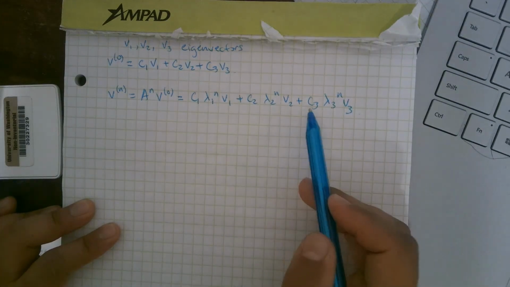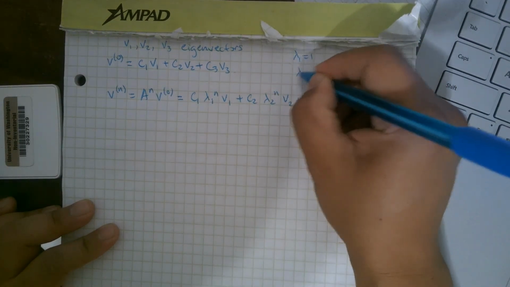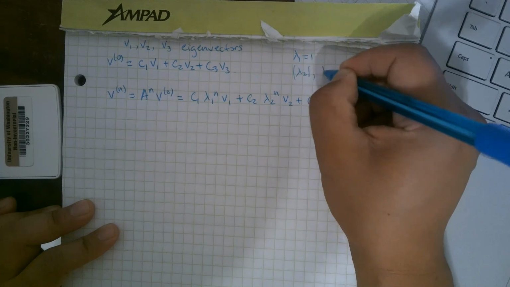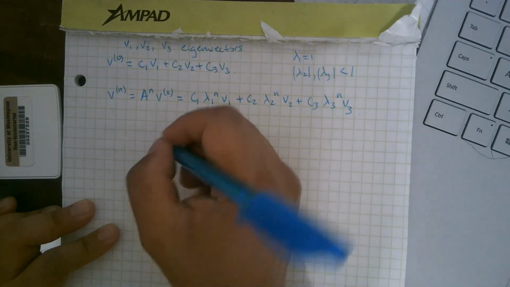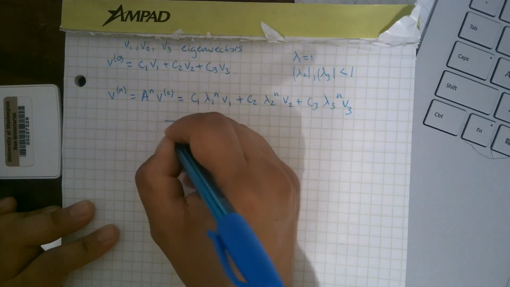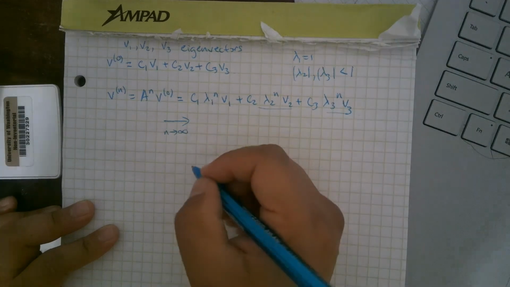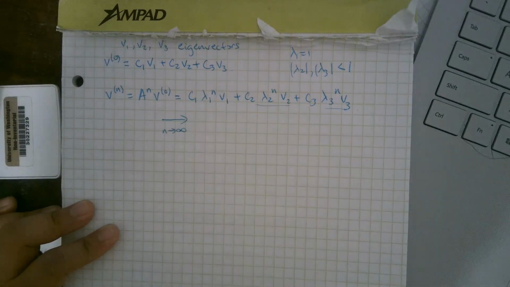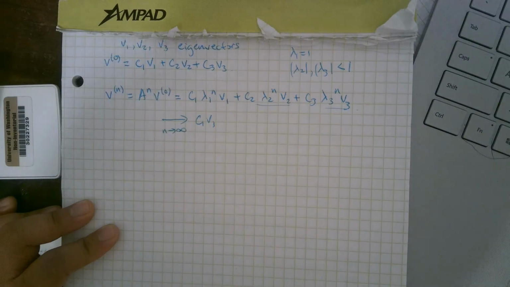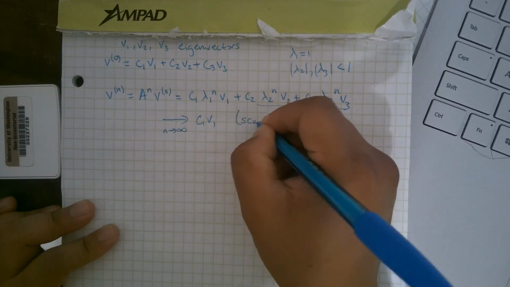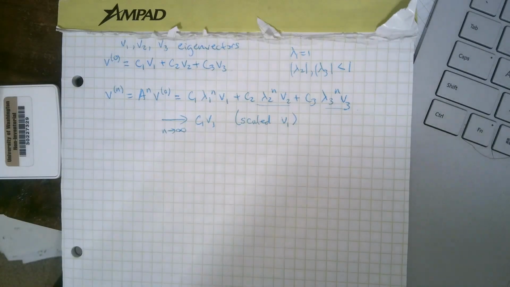And then what happens? Well, again, we have lambda 1 is 1, and lambda 2, I'm going to write the absolute values this time, and lambda 3 in absolute value are less than 1. So as n goes to infinity, these terms drop out, and this lambda 1 to the n is 1, so we're just left with c1 v1, which again is a scaled eigenvector v1.